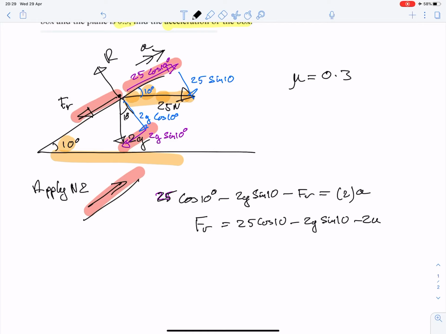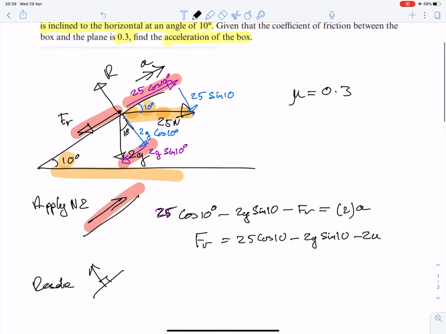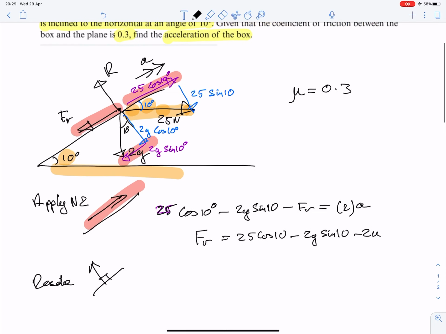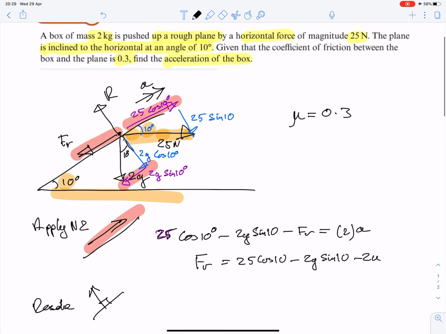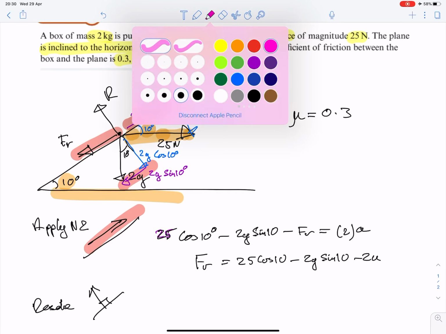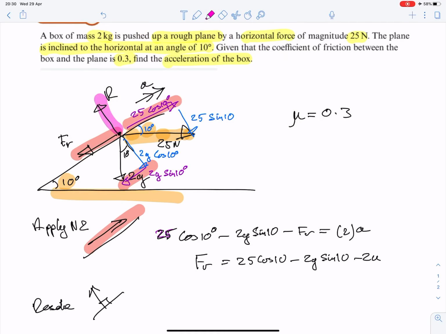Okay, now let's resolve perpendicular to the plane, because that's the next usual step and we've got no reason not to follow it. So we now need to go back to our diagram and identify the forces acting in that direction. Acting in that direction, we've got R, and we've got these 25 sine 10 and this 2g cos 10.